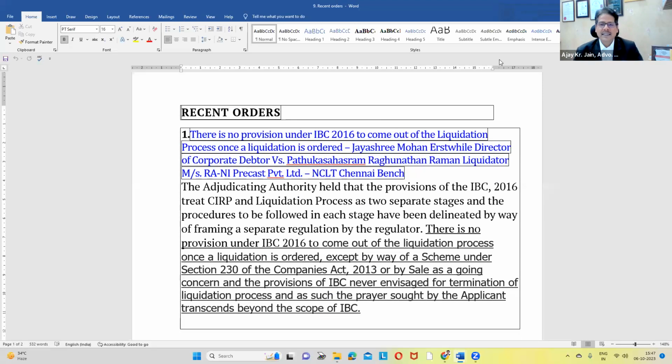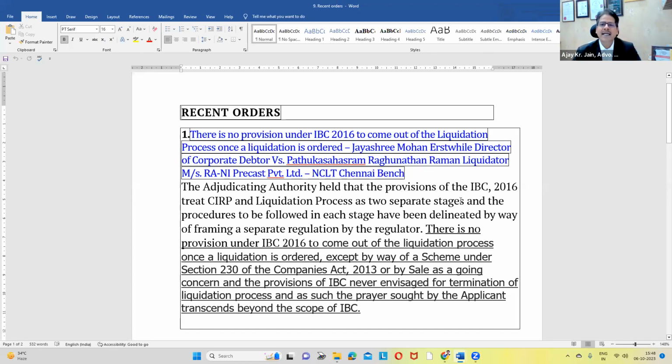I have read 2-3 judgments on this. In one judgment, liquidation was initiated and thereafter the NCLT allowed the CD to come out of the liquidation proceeding. But here the NCLT Chennai bench held that once the liquidation proceeding starts, the CD cannot come out of the liquidation process because there is no provision contained in the code.